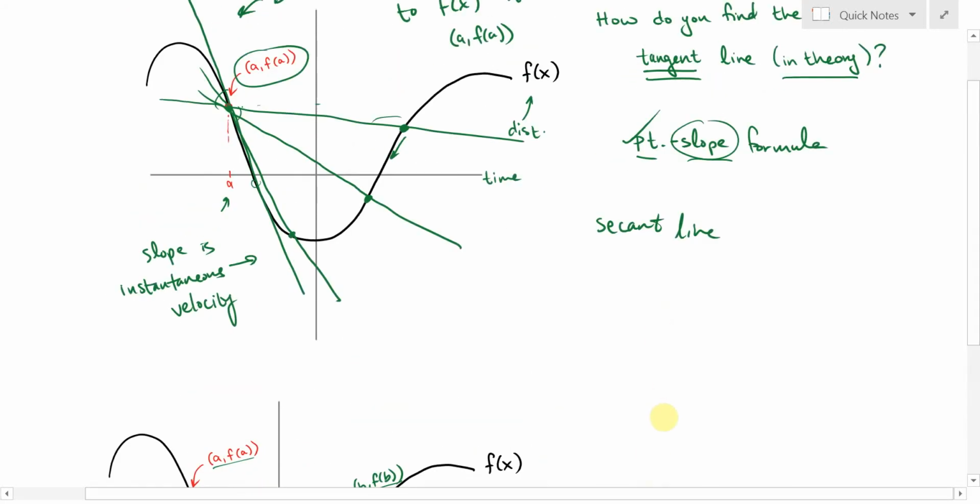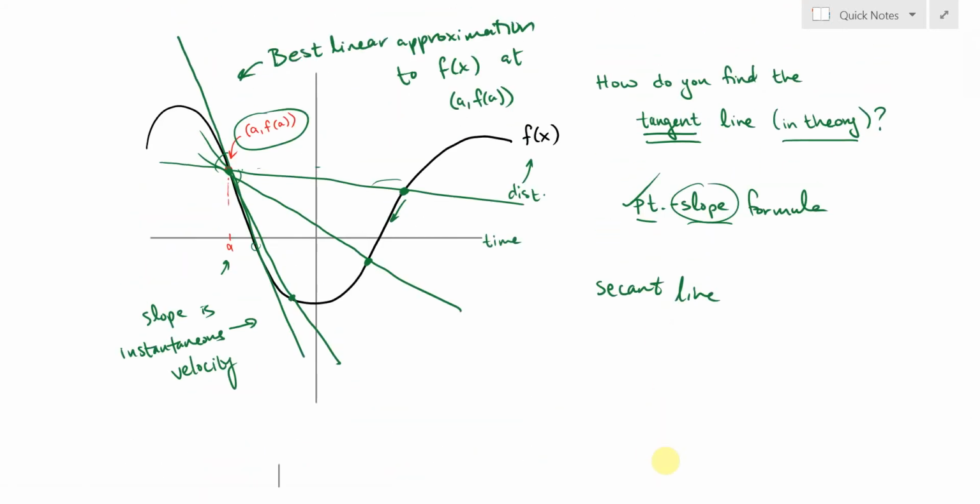Now again, let's not lose sight of our goal here. We're interested in finding the equation of the tangent line. We don't care so much about the secant lines. They're not terribly good approximations, but the tangent line is a really good approximation. But in order to find the equation of the tangent line, we need a point it passes through, and the slope. We already have a point it passes through. All we need is the slope.